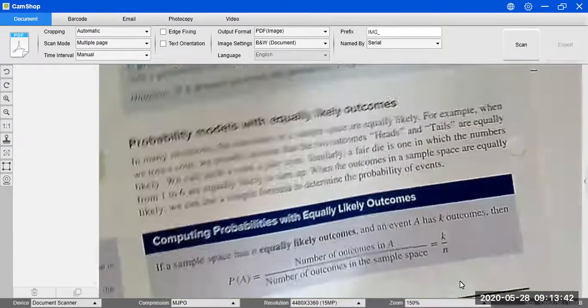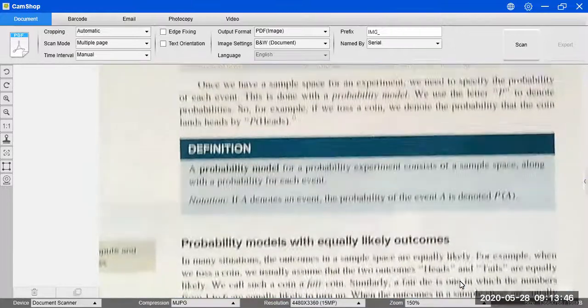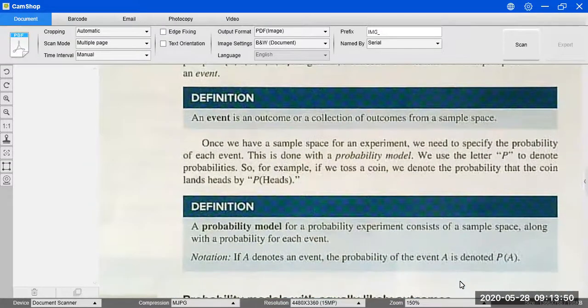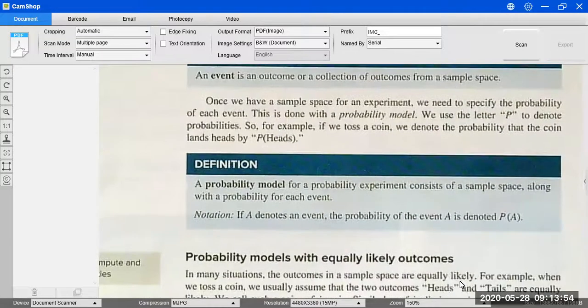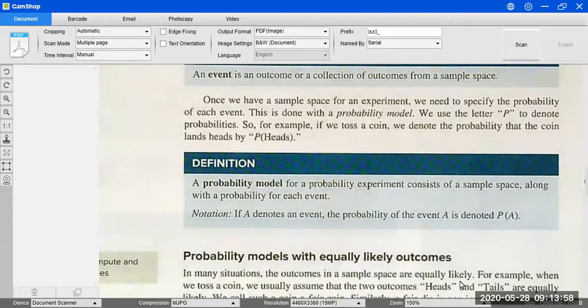And then we have the definition of an event. An event is an outcome or a collection of outcomes from a sample space. Then we have the definition of a probability model: for a probability experiment, it consists of a sample space along with the probability for each event.